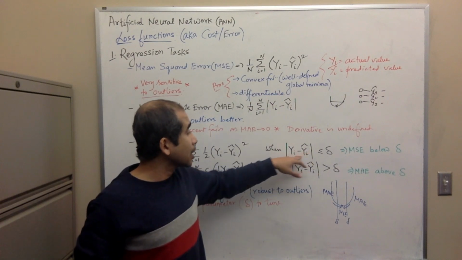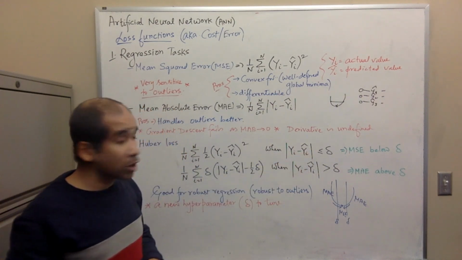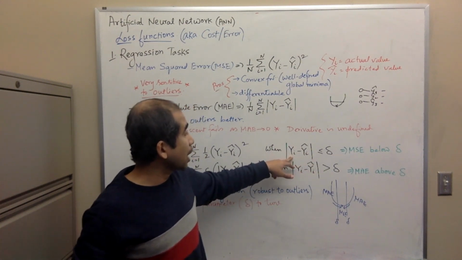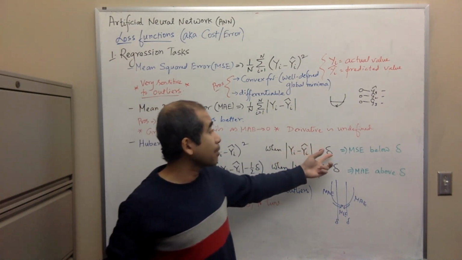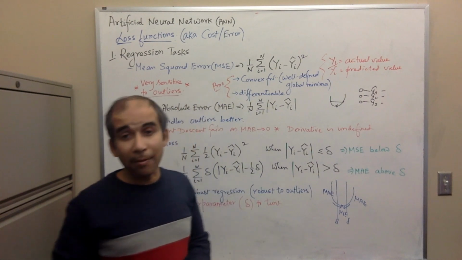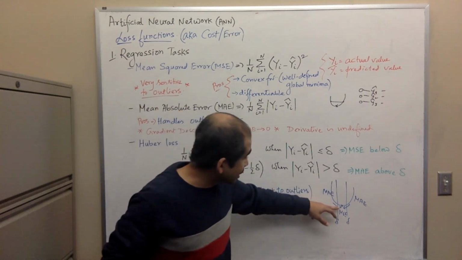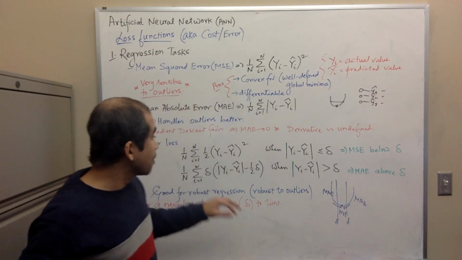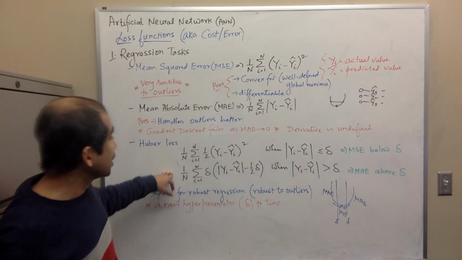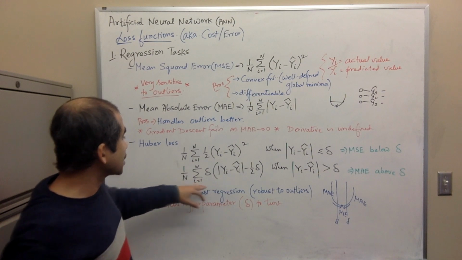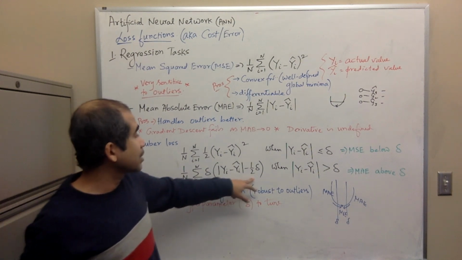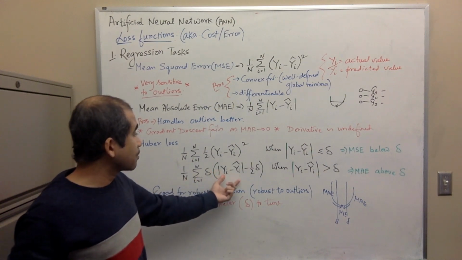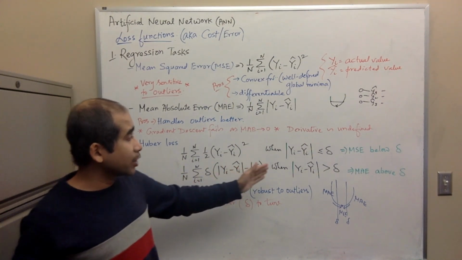When the difference between the actual value and the predicted value is upper bounded by delta, you use MSE. That means the outliers are too little, close to the global minima. But if the outliers are high, then use MAE. It multiplies with delta and then subtracts half delta from it. This is the mean absolute error part, and you take the average over it.